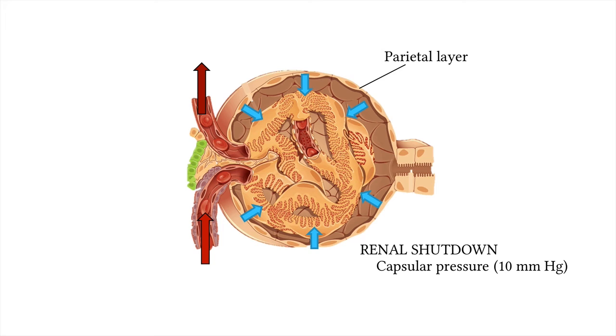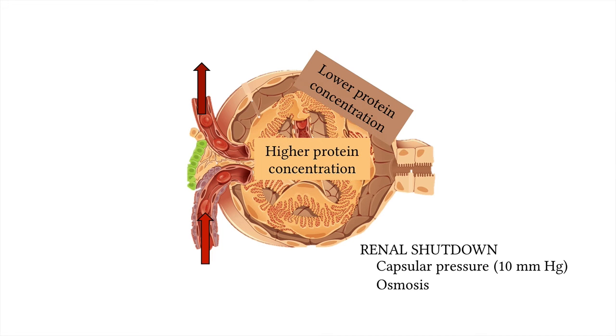The second source of pressure against the glomerular capillary pressure has to do with osmosis. I already mentioned how the filtrate is the material that leaves the capillaries, but the proteins remain inside. Thus, the concentration of proteins in the blood inside the glomerulus is higher than the concentration of proteins in the blood material outside the glomerulus. Because the proteins cannot move through the filtration membrane, water will want to fix this situation.